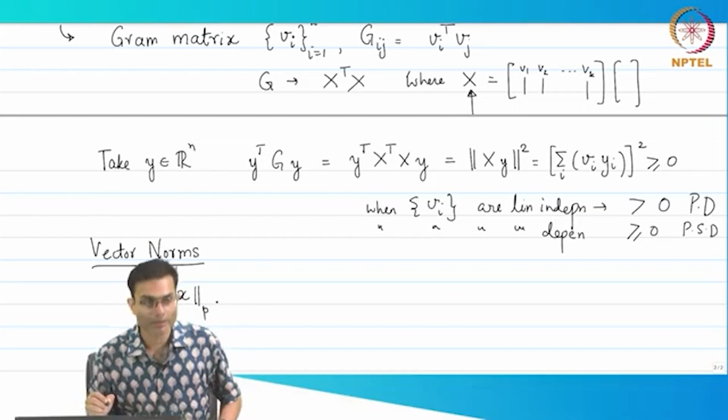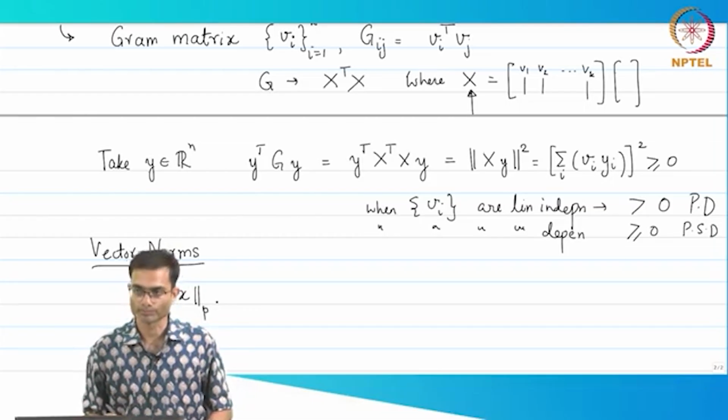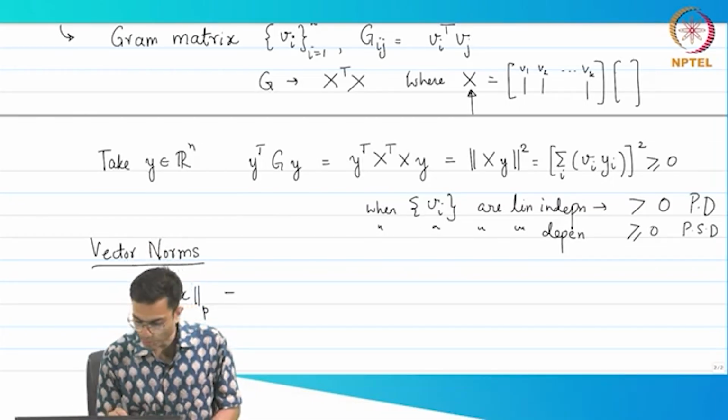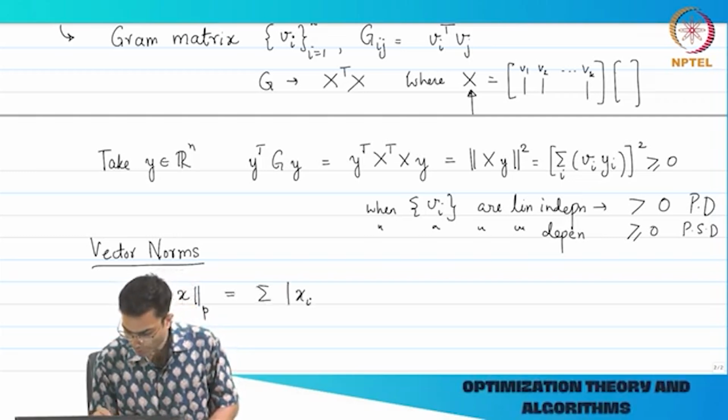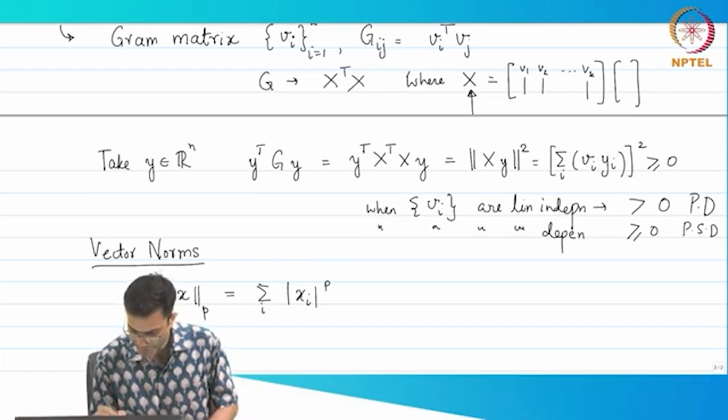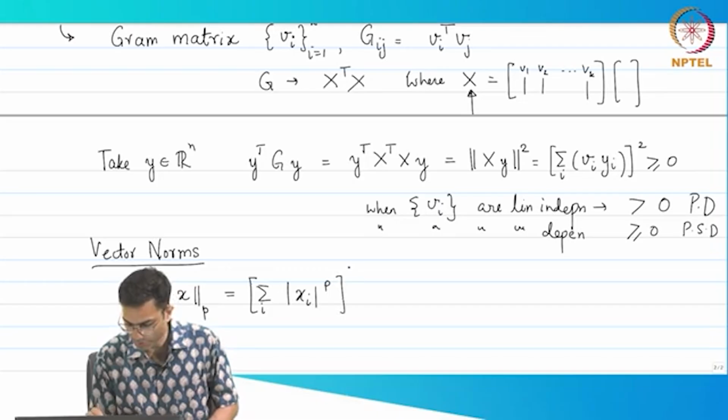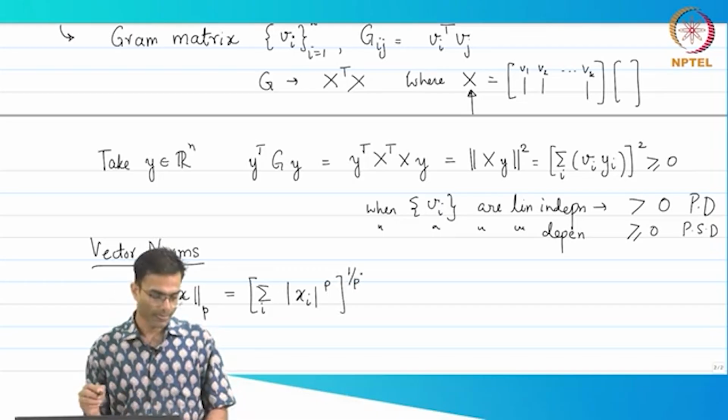So the most general definition is what is called a P norm. Okay. So the P norm, how do I define it? There's going to be a summation, right? There's going to be mod xi to the power p. Okay. The summation is over i, and the whole thing to the power 1 by p.